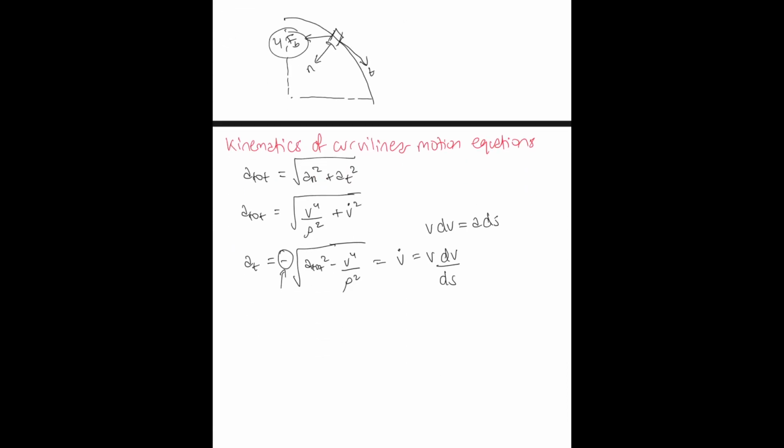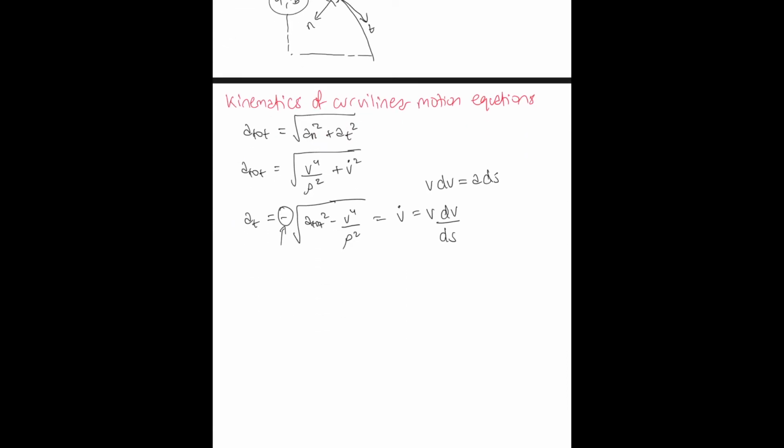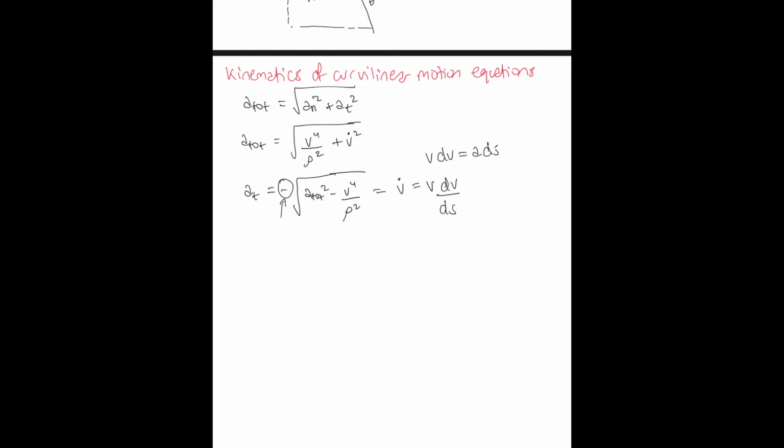So that's why it was negative here. Now, to integrate that, we can put ds on the other side here and integrate it from 10 to s. And here, we're going to integrate it from VB to 0.